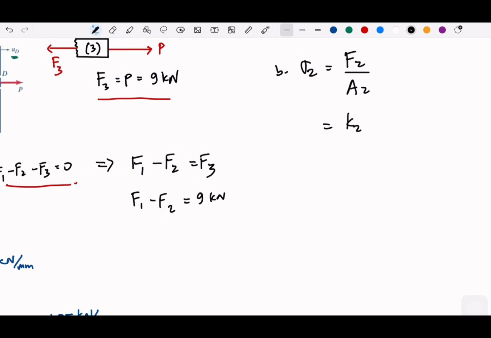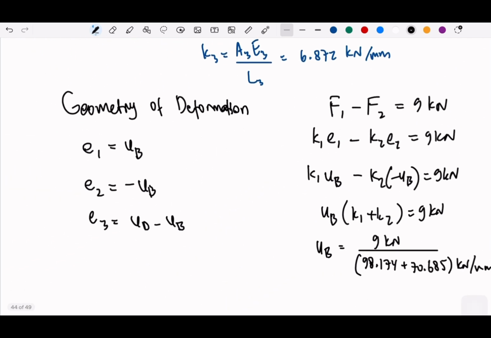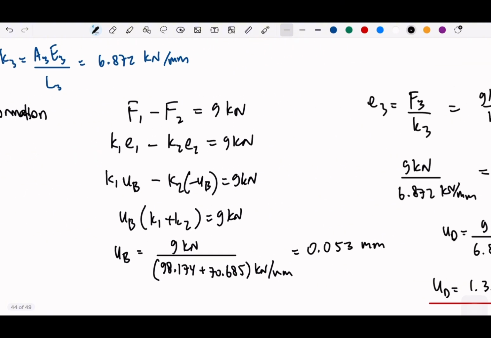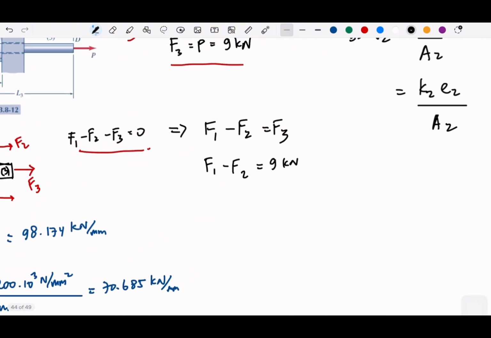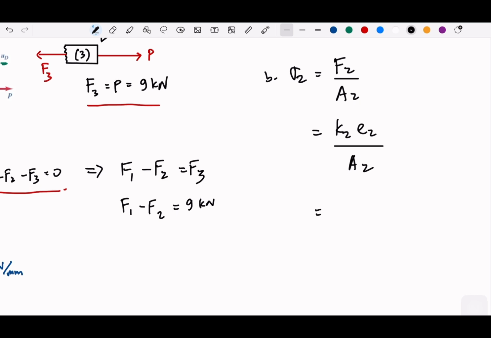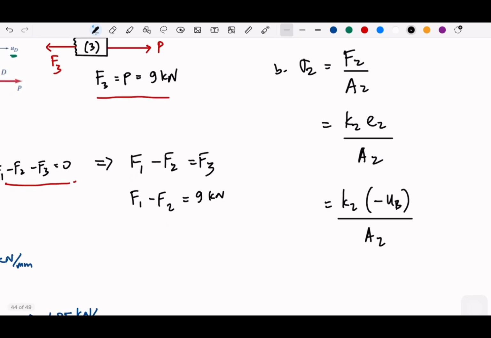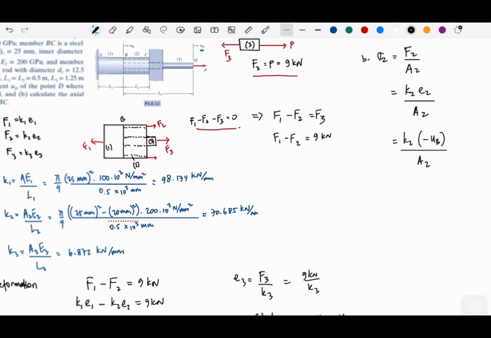So K2 E2, and E2 is negative UB. UB is this, so we can exchange everything. So K2, this is negative UB divided by A2. And K2 we have done.